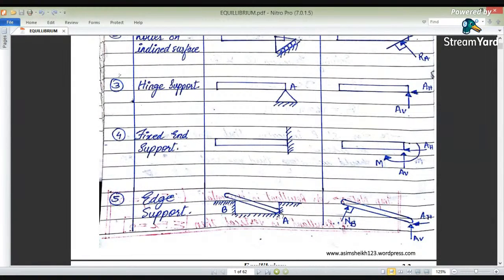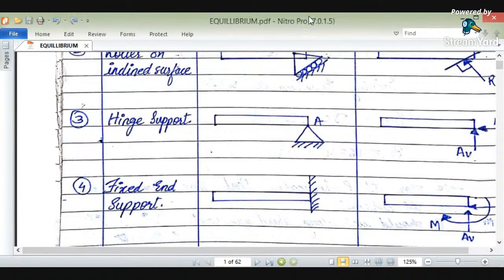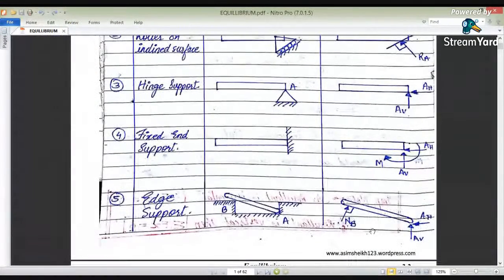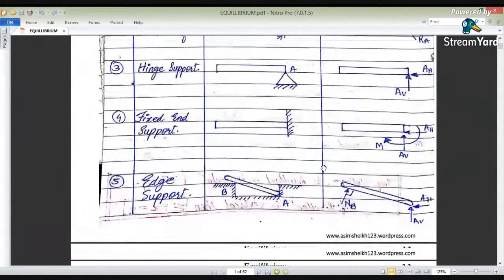Again, here it is in contact at this point only once, therefore we are drawing only one perpendicular. But in this case it is in contact with horizontal as well as vertical directions. Therefore we have two reactions, a horizontal reaction as well as a vertical reaction.